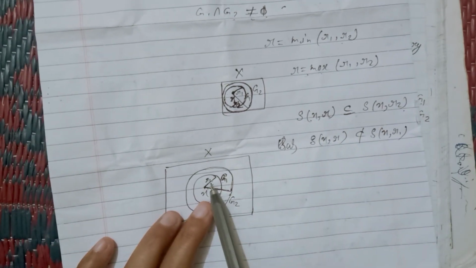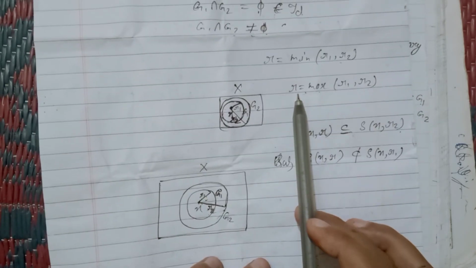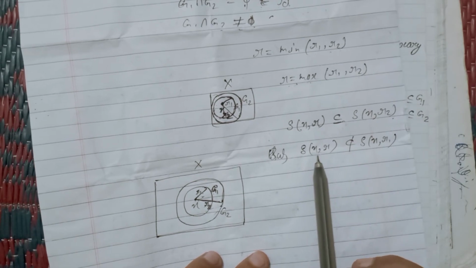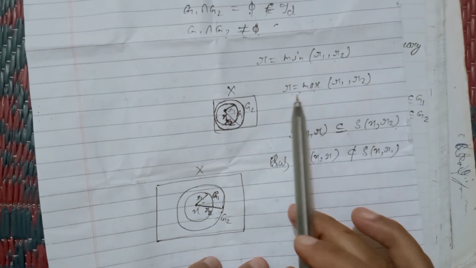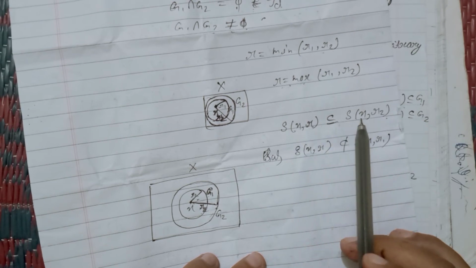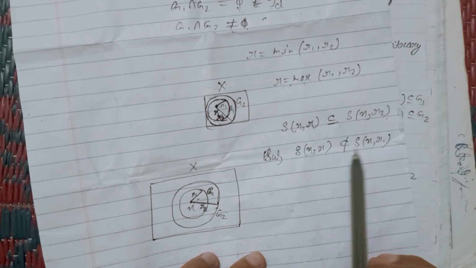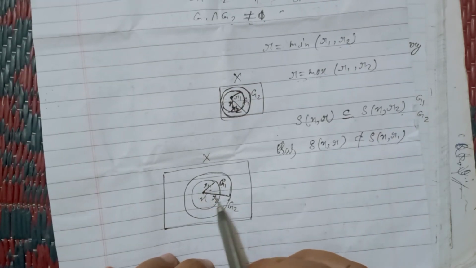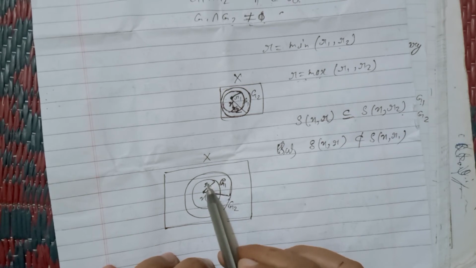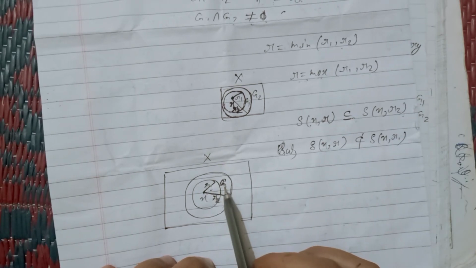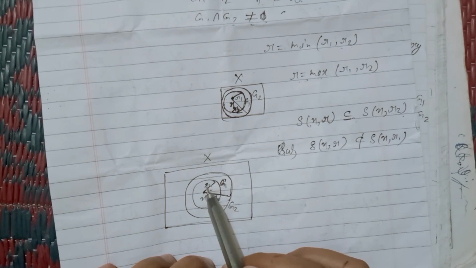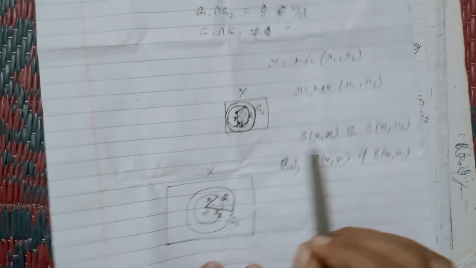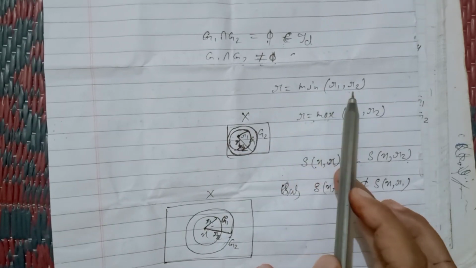But if I take the maximum of R1 and R2, S(X, R) is not contained in S(X, R1), because R1 is the open sphere with the smallest radius. So that is why we always take R equal to the minimum of R1 and R2.